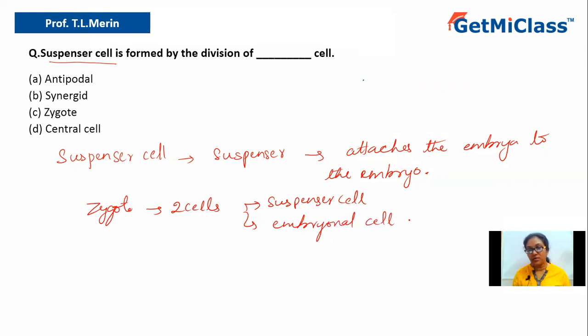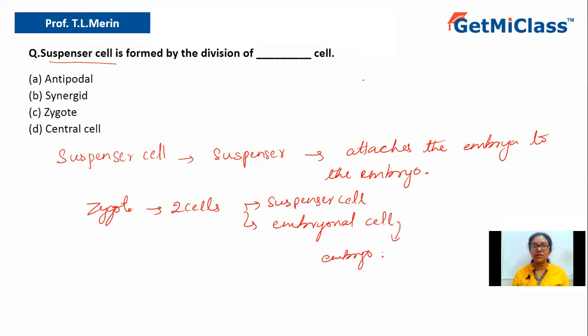So this embryonal cell will be towards the chalazal side, whereas the suspensor will be towards the micropylar region side. So you can see that the zygote is the one which divides and gives rise to suspensor cell, and this embryonal cell is the one which is going to form the embryo.